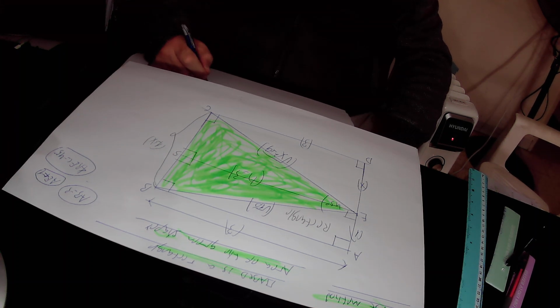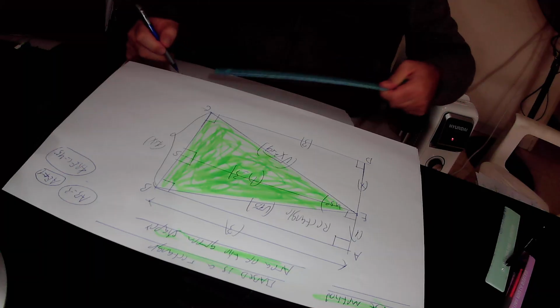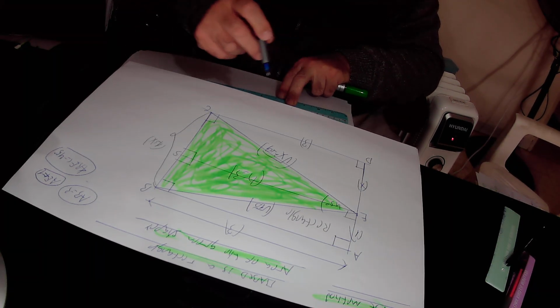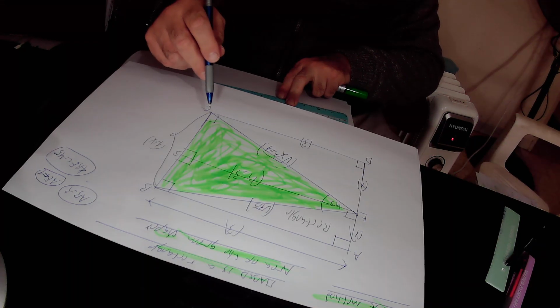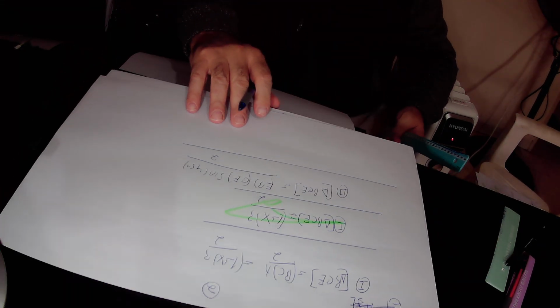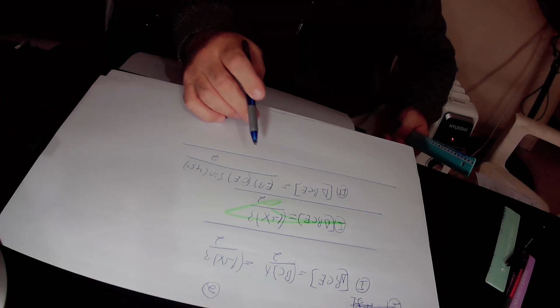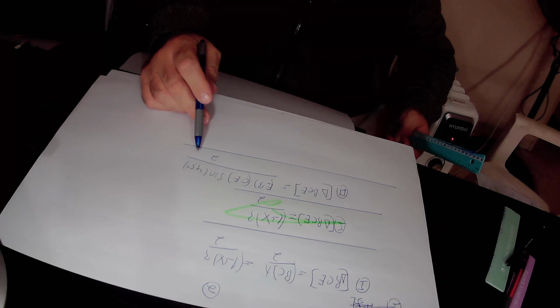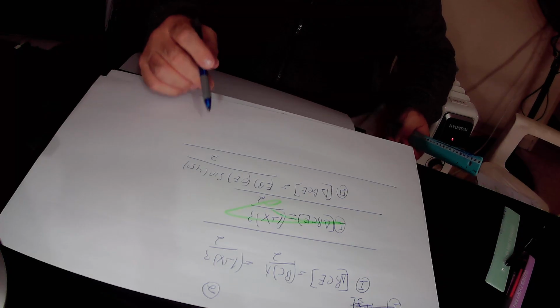over 2. And again, according to the second method, this green triangle BCE equals the product of two sides, that is side EB times side CE, times the sine of the angle between those two sides, that is sine 45 degrees, over 2.